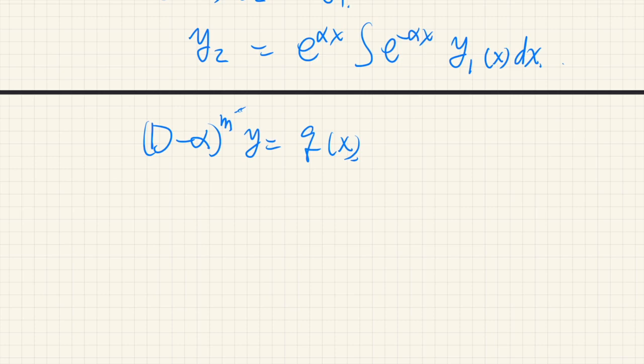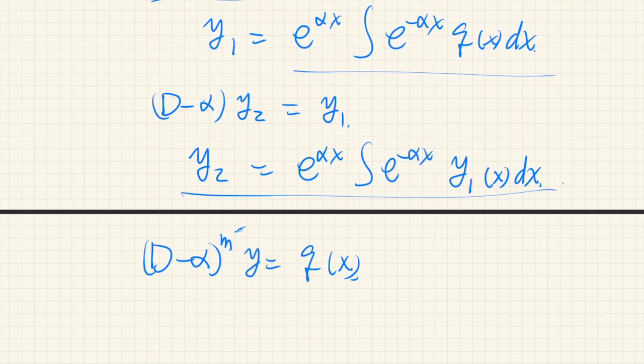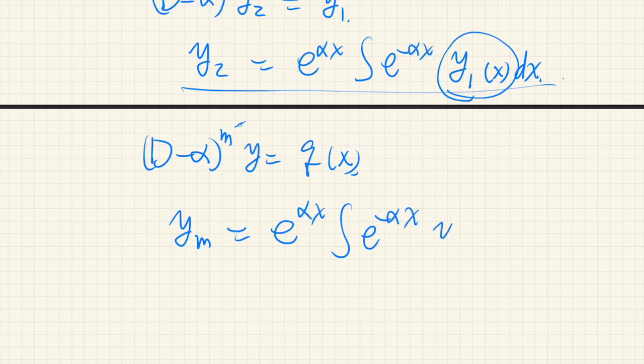So first we solve for y1 and then solve for y2 based on the result of y1, and you can guess that ym should be given as this. So it's like inductively we can solve this equation, with ym minus 1 dx.